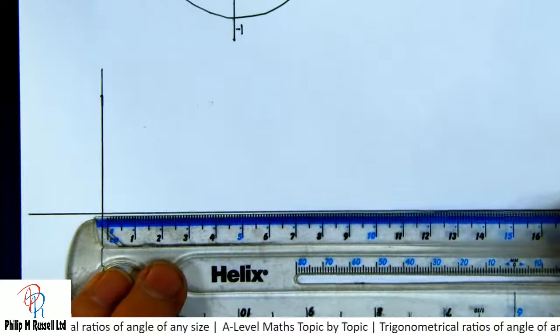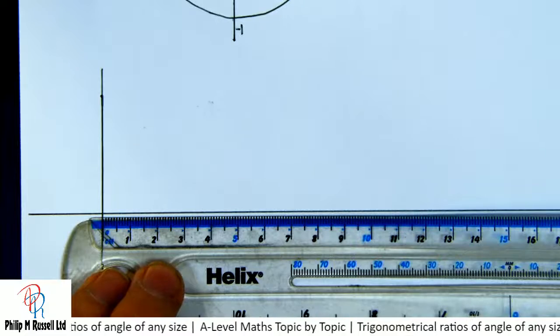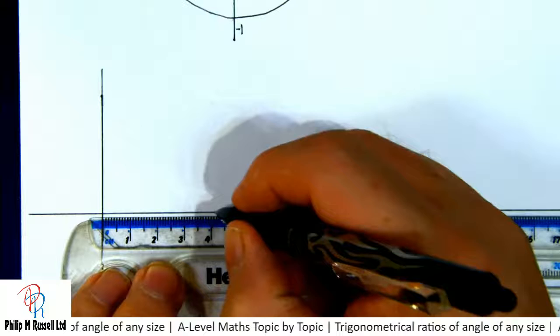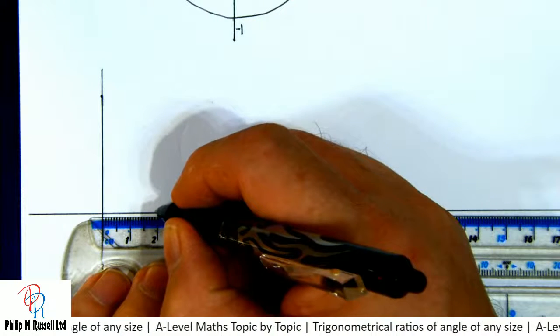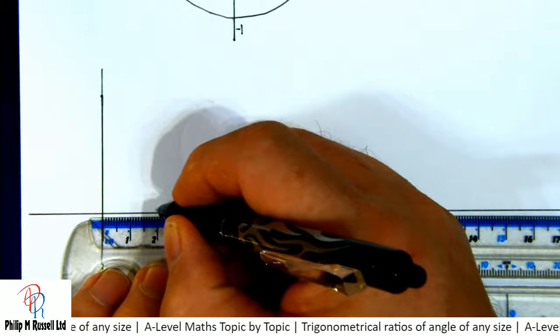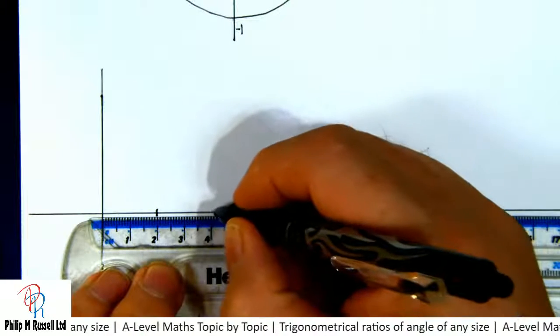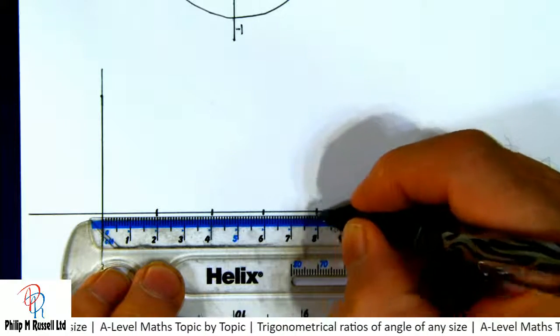Let's look at what we've got for size, and if we say this point here is going to be 90 degrees, 180, 270 and 360.